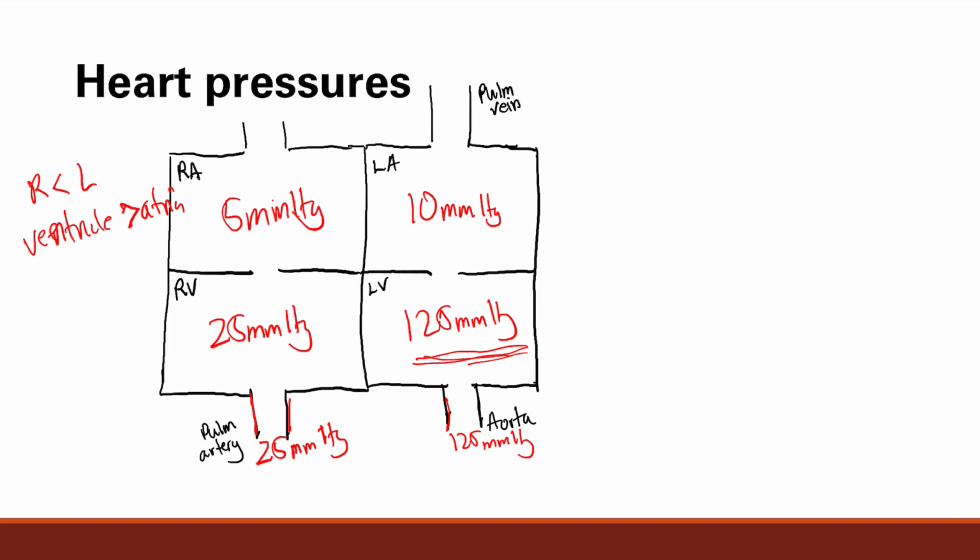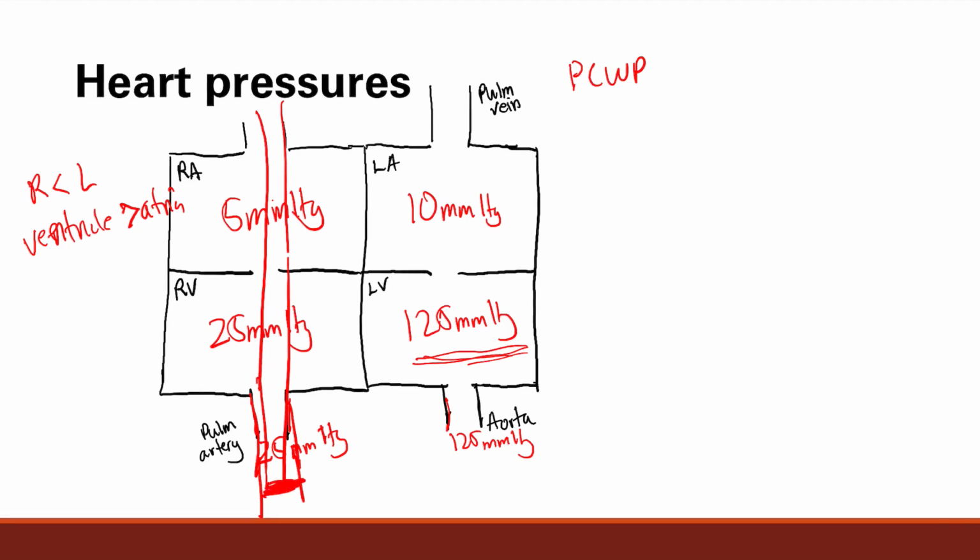Finally, a way we can calculate the left atrial pressure is through something called the pulmonary capillary wedge pressure. This is when we obtain this pressure: we place a catheter into the pulmonary artery. We stick a catheter all the way in, and we completely occlude it.